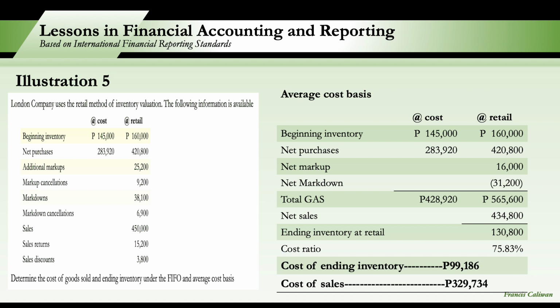Our cost ratio is 75.83%. So we use up to two decimal places. So 75.83 percent times 130,800. Then our cost of ending inventory is 99,186. And then the cost of ending inventory of 99,186 deducted from our goods available for sale at cost, which is 428,920. Then our cost of sales is 329,734.